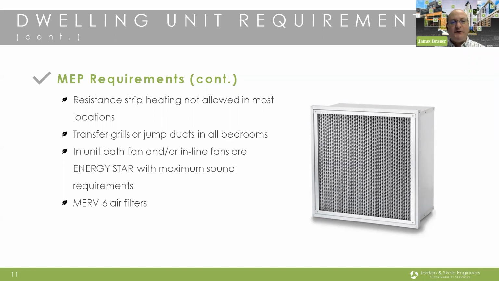On top of this, you'll again see a recurring theme about performance. We want to make sure that within the bedrooms, let's say if a door gets shut, that air doesn't get trapped within those bedrooms. It can get back to the air handler and circulate throughout the dwelling unit. If the air gets trapped within a bedroom, it will push back against any incoming air, which could lead to some comfort issues and tenant complaints.